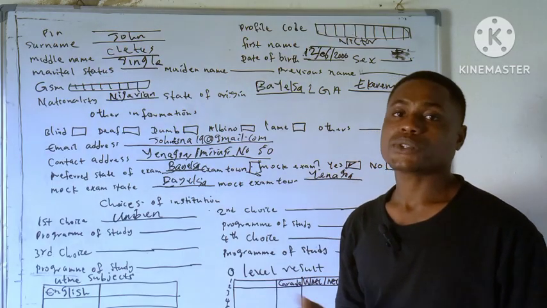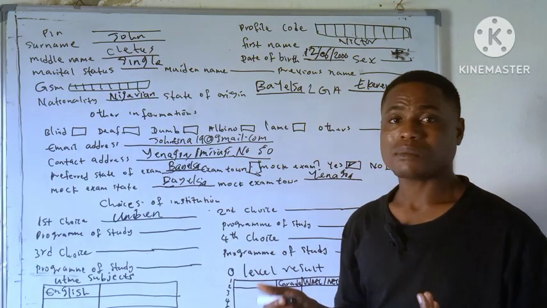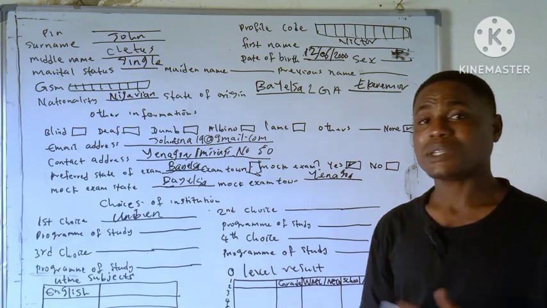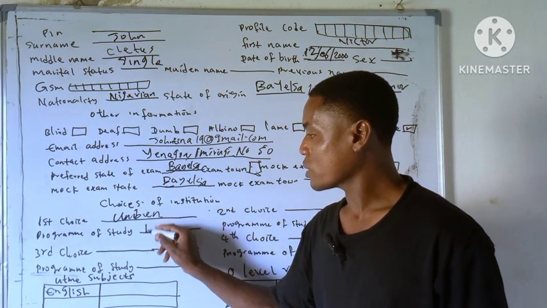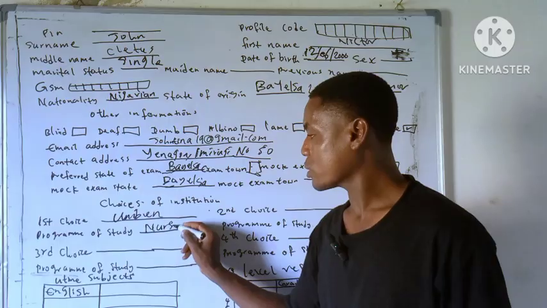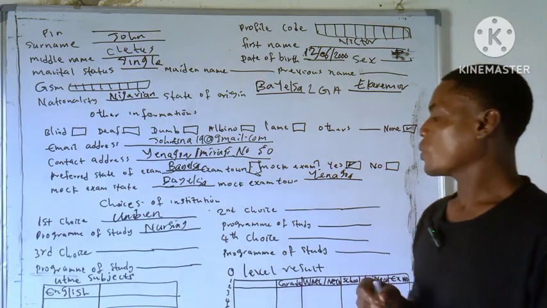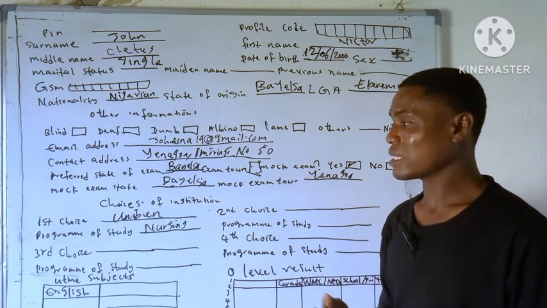Is it medicine and surgery, nursing, pharmacy, med lab, engineering, accounting, any course you want to study? Let's say you want to study nursing, you put nursing, okay? Then this your second choice is not that important. Are you getting it?